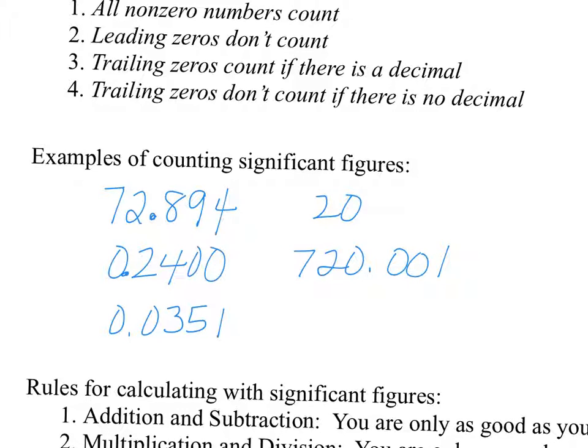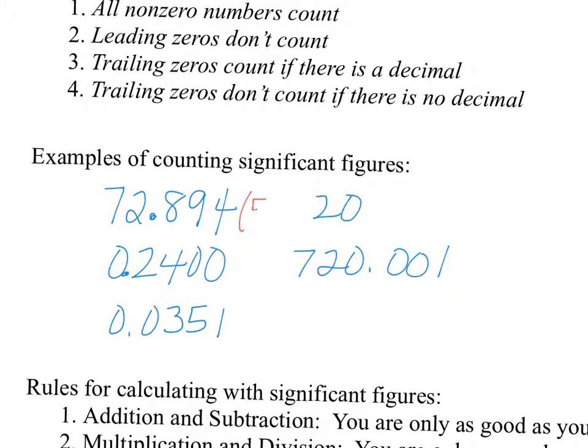So let's go through these. 5 examples. The first one that Gabe gave us, how many sig figs does it have? 5. All of the numbers. Okay, so, yep, look at rule 1. All non-zero numbers count.